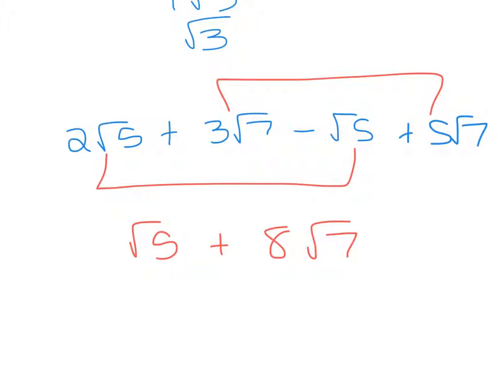So you can have 2 radicals in your answer. I cannot combine them because 5 and 7 are different radicals. And that's it. So 12 questions tomorrow. So again, if you've done the homework, the test looks very similar to your homework problems. Any questions?